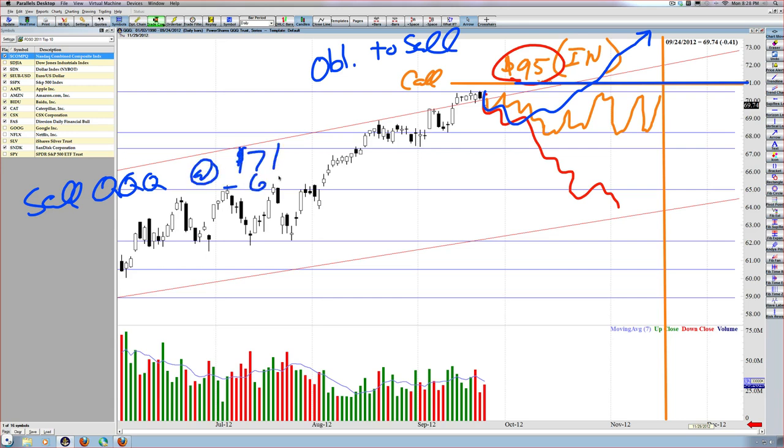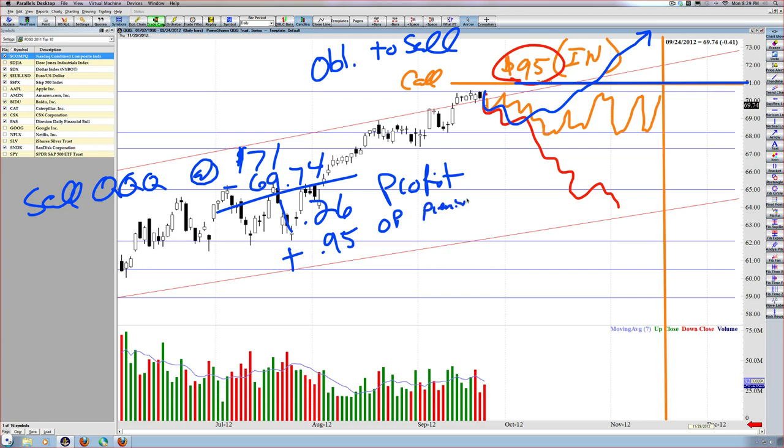Okay, well, that's not a loss. You invested $69.74. So, you did $71 minus $69.74 is $1.26. That's going to be pure profit. Plus, you made another 95 cents on the option premium.